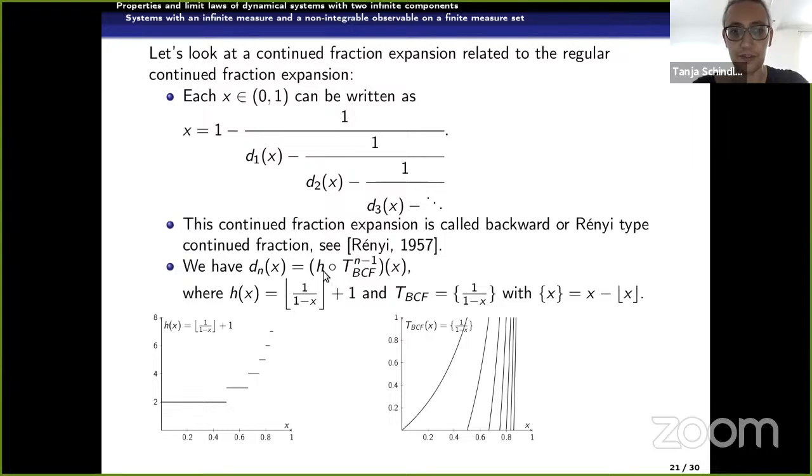So we compose the observable with the (n-1)-th iterate of the transformation and then get these backwards continued fraction entries. And now the question is, can we actually say something about these entries of the backward continued fractions, or of the sum of them, which is basically the Birkhoff sum?